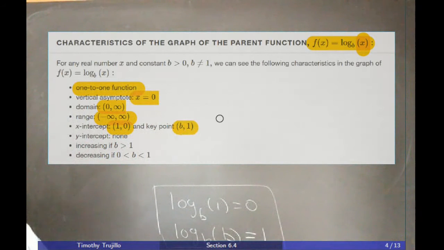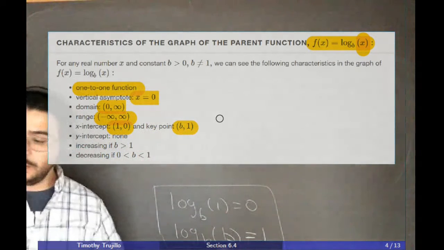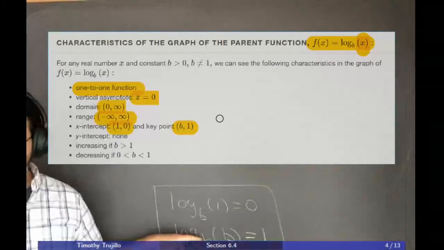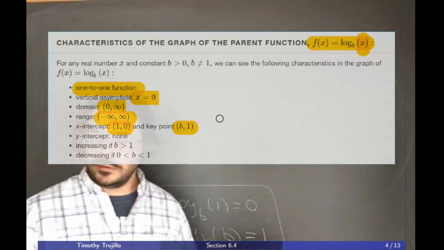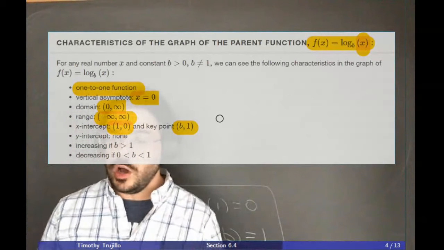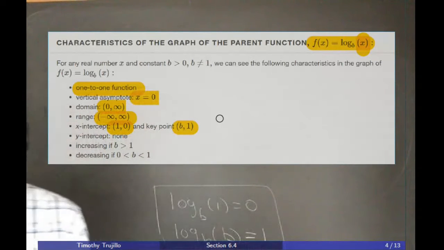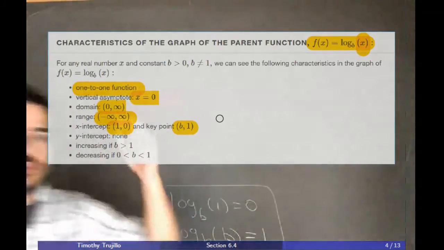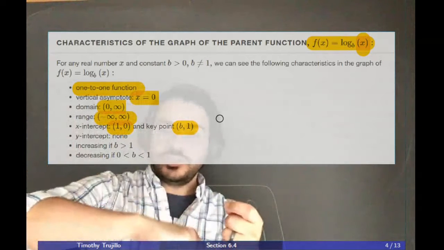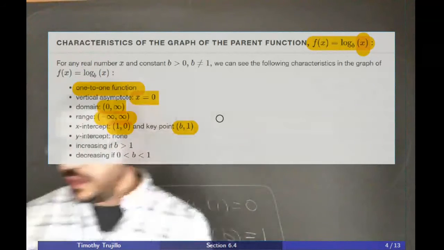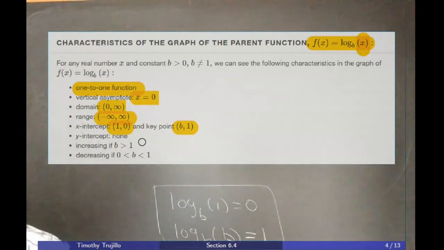The other one that we had was when we plug in b into our logarithmic function with base b, the output is 1. And so the point (b, 1) is always on the graph of this log base b of x function. Once we have those 2 points, we can draw an increasing or a decreasing logarithmic function.